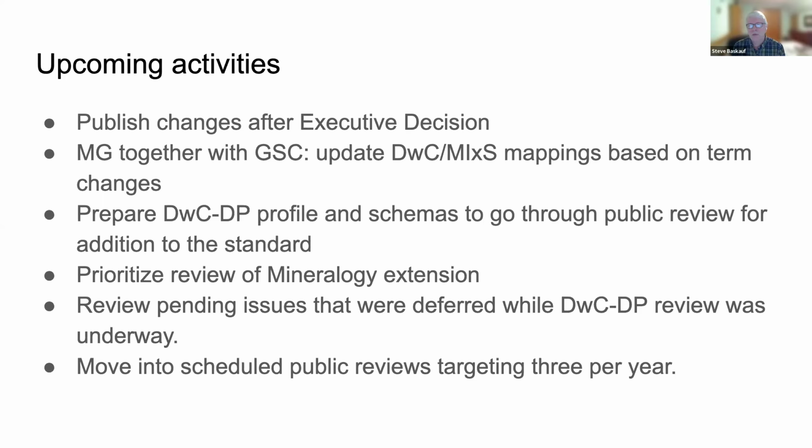So the idea is that, rather than letting a large bolus of issues accumulate over a long period of time, we would try to keep the issues moving 3 times a year and then have more regular releases of Darwin Core. And so those releases would involve the things that I mentioned before, which would be updating all of the schemas for Darwin Core data packages, the files that are required for Darwin Core archives, and then the MIxS updates. So we try to do that regularly 3 times a year.